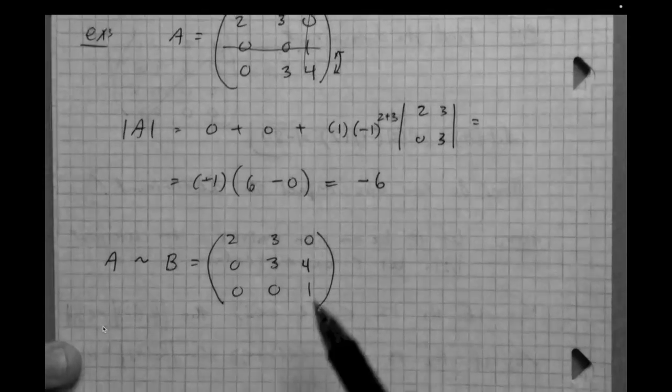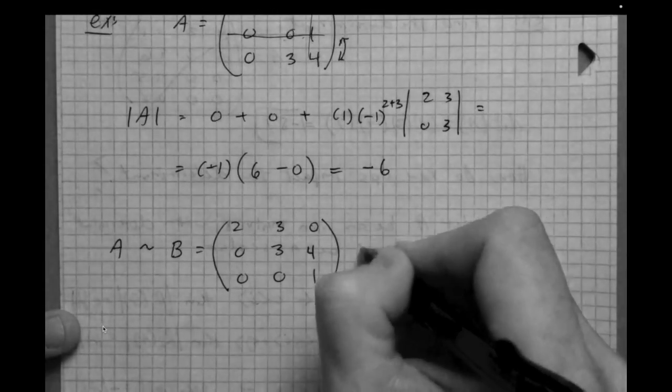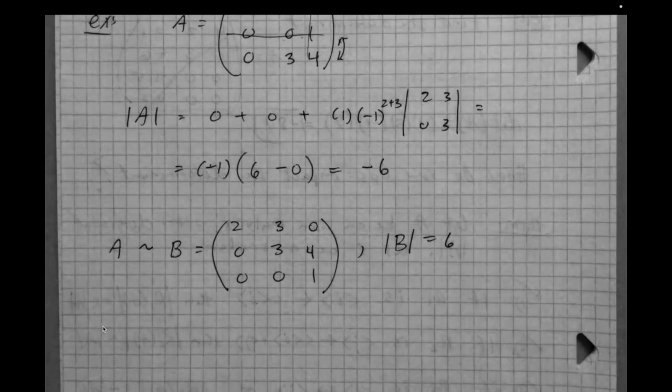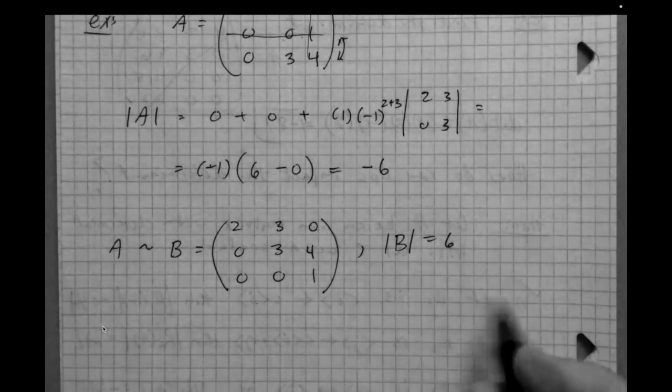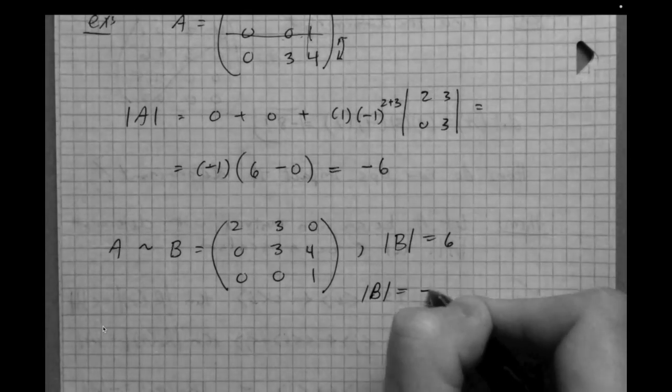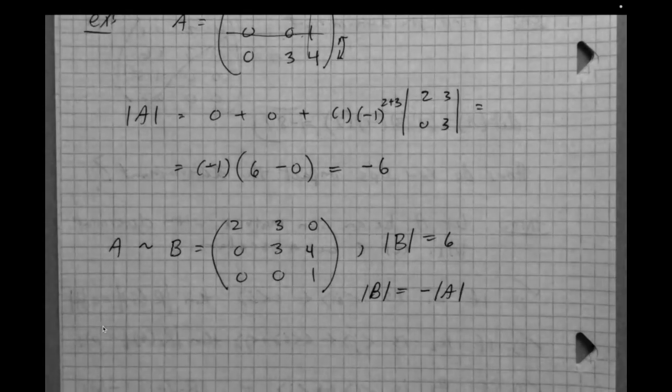And so what is the determinant of B? It's 2 times 3 times 1, so it's 6. You can see here that the previous theorem indicates that when you swap a row, the sign of the determinant flips, and that's exactly what you see here. The determinant of B is equal to negative determinant of A. So the row operation had the expected impact.